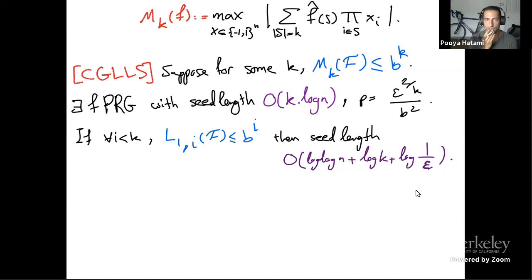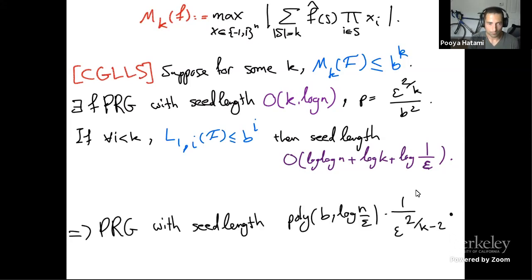So it's very interesting. And combining it with the random walks construction, it gives you a PRG with seed length polynomial in 1 over epsilon. The dependence on epsilon will be something like 1 over epsilon to the 2 over k minus 2. So if you take k to be really large, the dependence on epsilon is really small.